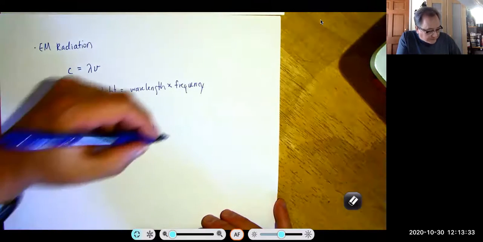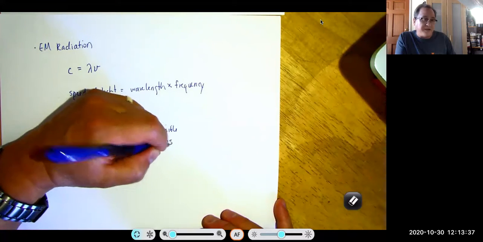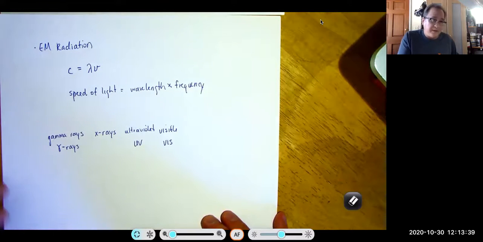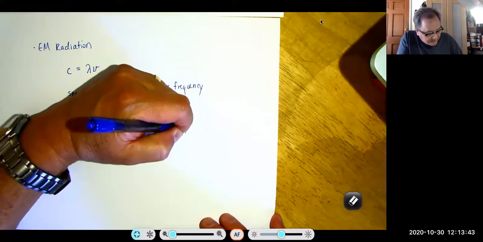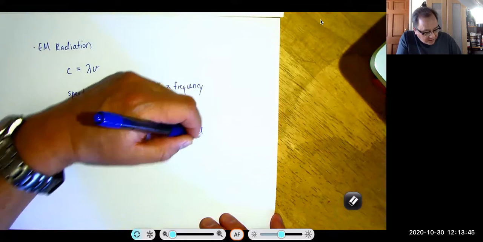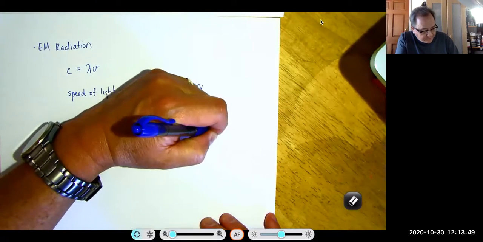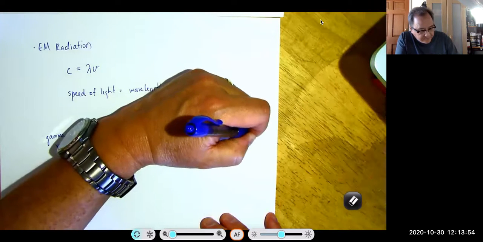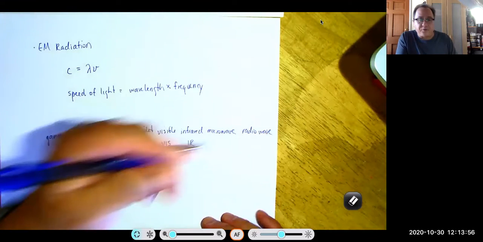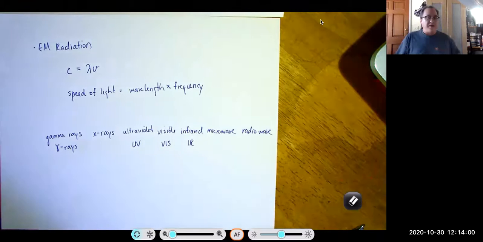And then there's visible, and the symbol for visible is VIS. And then there's infrared, which is IR. And then there's microwaves. And then there's radio waves. And the book actually separates radio waves into short radio waves, long radio waves, and well, I'm not going to bother doing that.